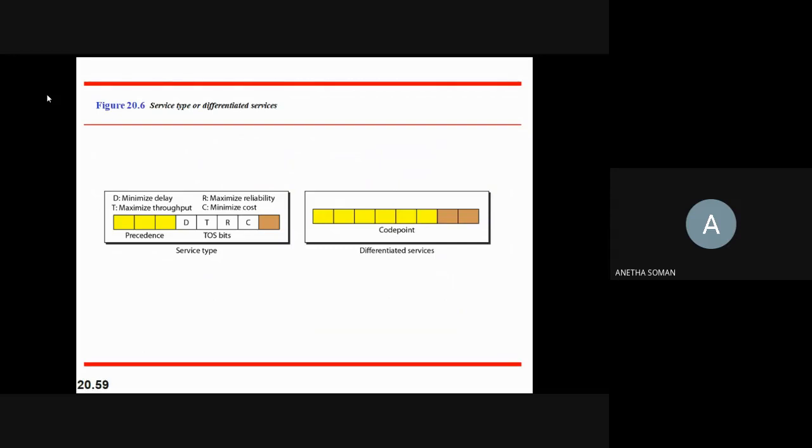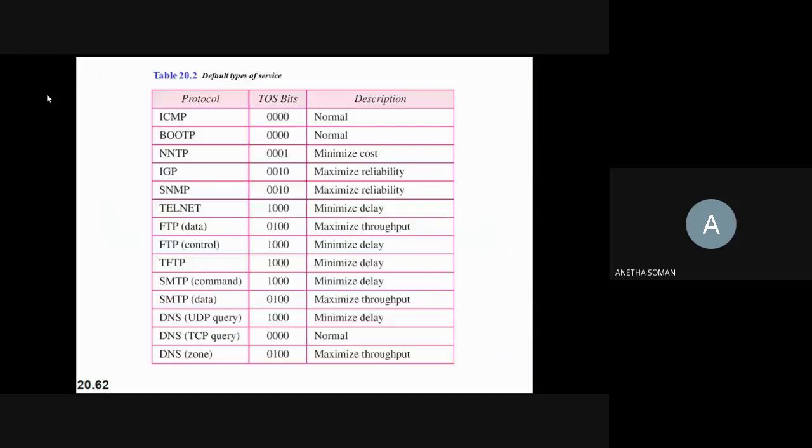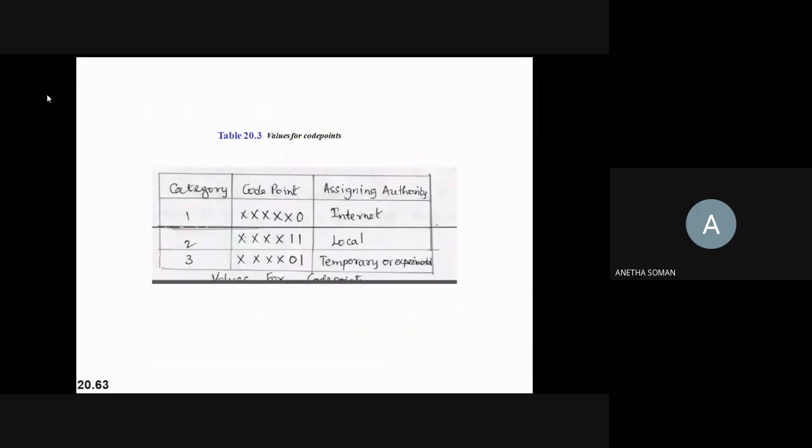The first 6 bits, marked in yellow, make up the code point subfield. It is a 6-bit field, and depending upon the category, you have an assigning authority: an internet authority, a local authority, and a temporary or experimental authority.